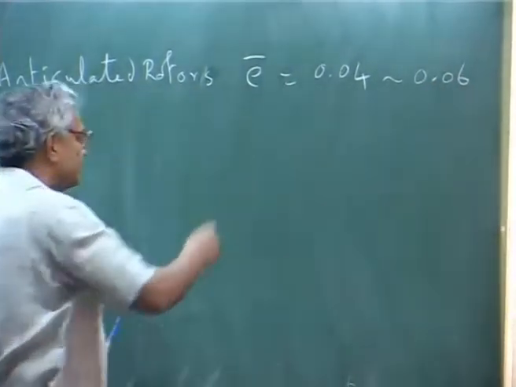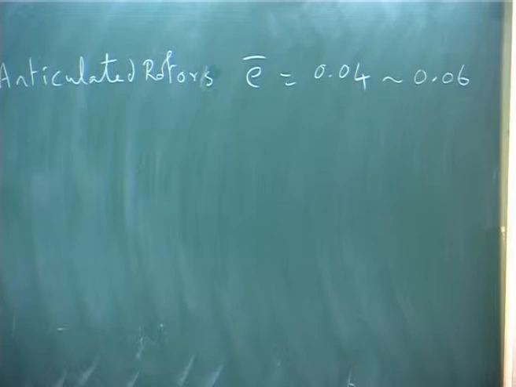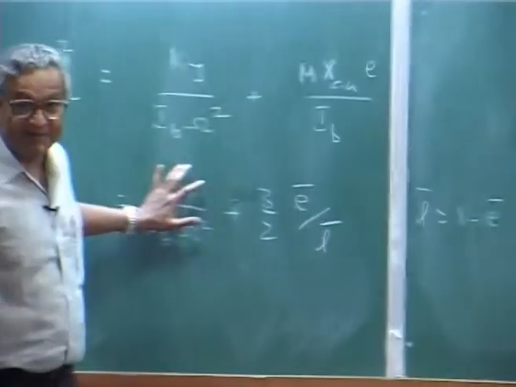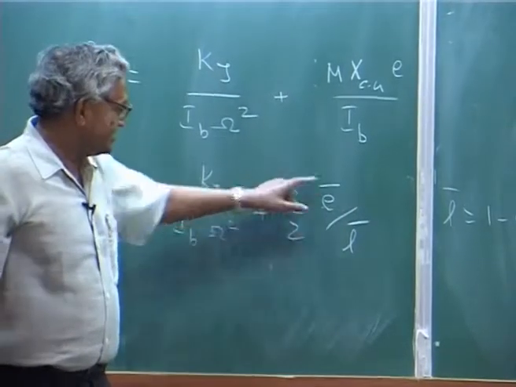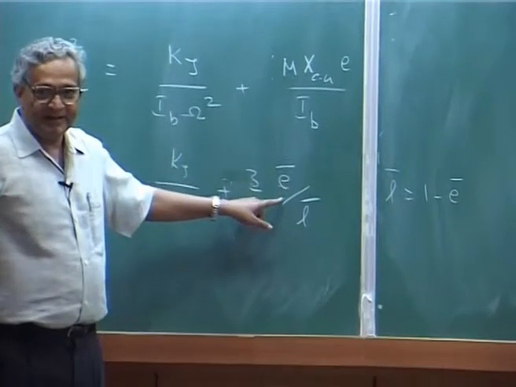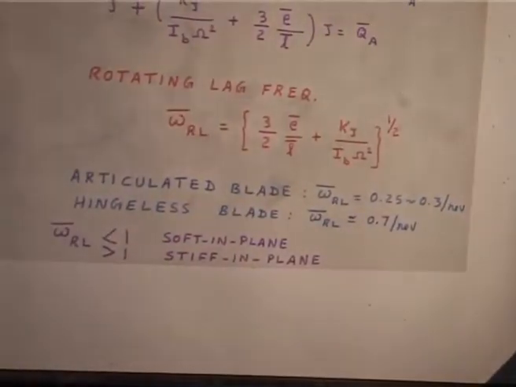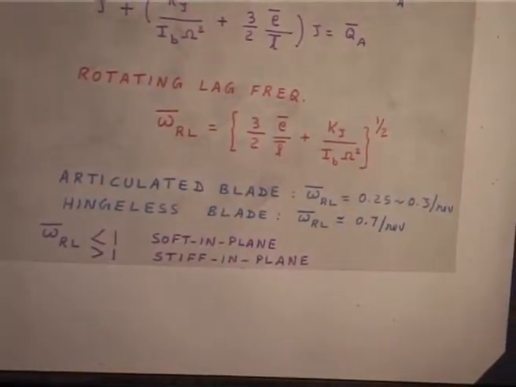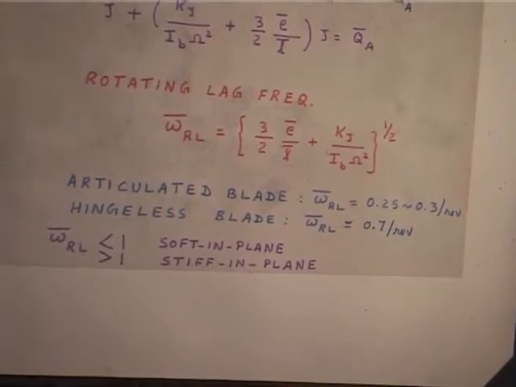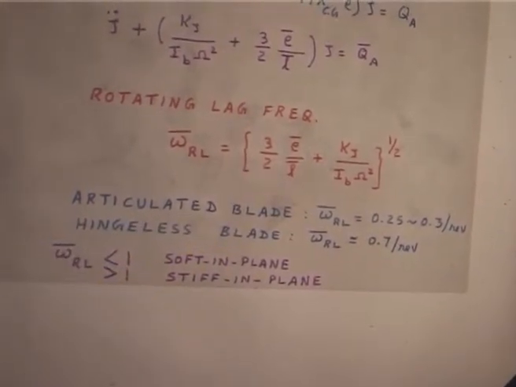So, if you have this much, only this term will not be there, because there is no spring. So only this term, and your frequency will be 0.25 in the operating non-dimensional, like flap is 1.09, this is 0.25 to 0.3.